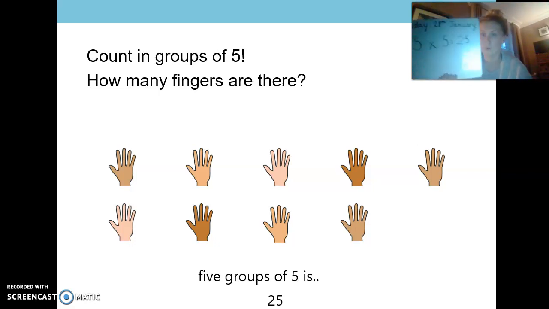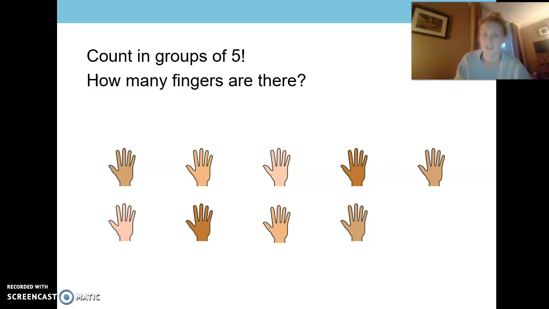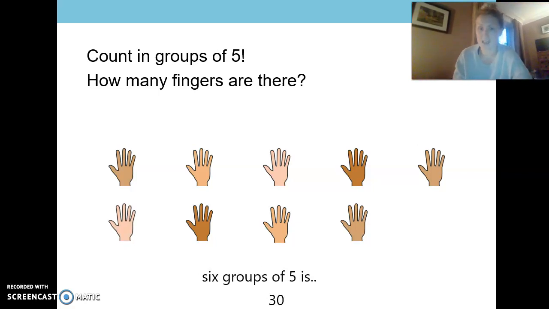Because it's a group of, I hope you can see that, 5 times 5 equals 25. Let's carry on going with this. 6 groups of 5 is 30, so 6 times 5 is 30. 7 groups of 5 is 35, 7 times 5 is 35. 8 groups of 5 is 40, 8 times 5 is 40. 9 groups of 5 is 45, 9 times 5 is 45.